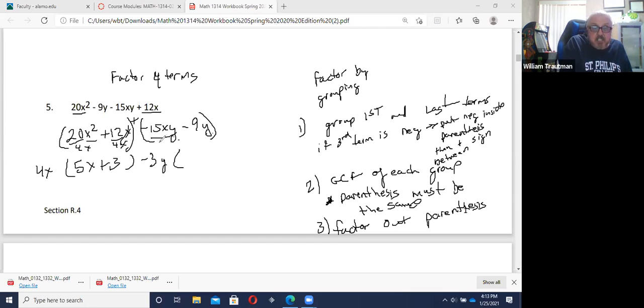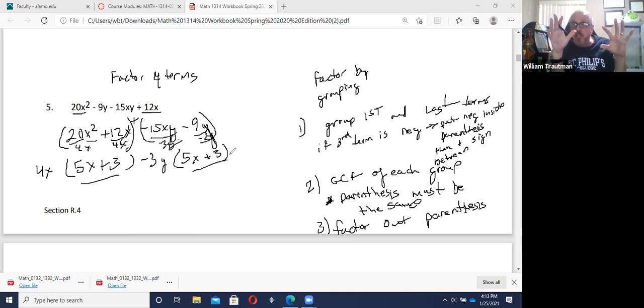If I divide each of these by negative 3y, negative 15 divided by negative 3 is 5. The y's cancel, and I get an x. Negative 9 divided by negative 3y, the y's cancel, and I get a positive 3. The parentheses are identical here.